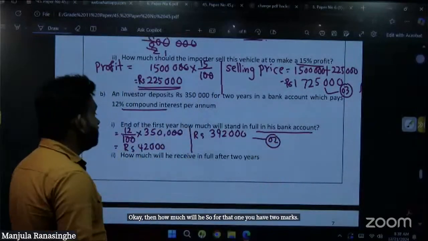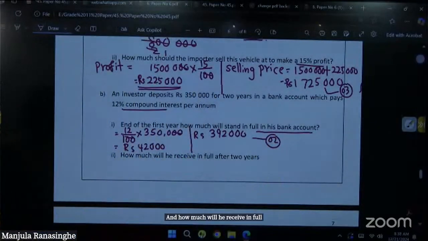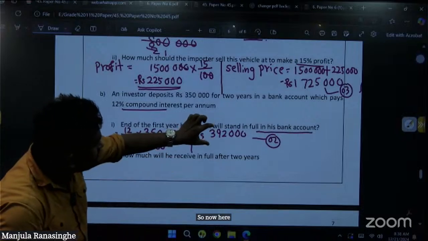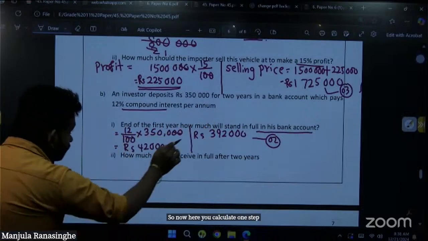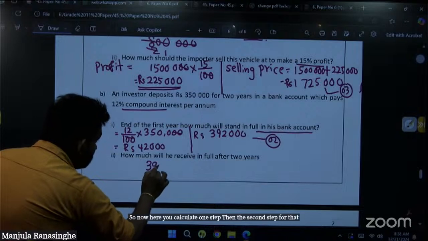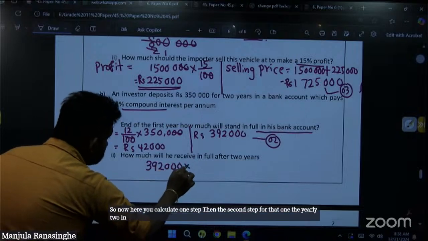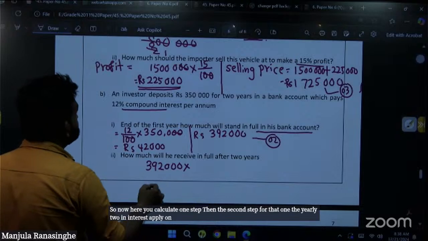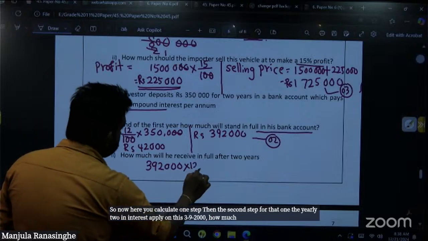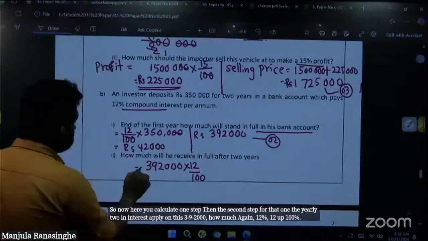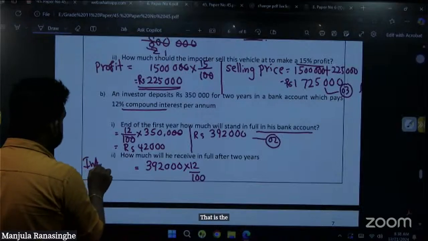And how much will he receive in full after 2 years? So now here you calculate one step, then the second step. The yearly interest is applied on this 392,000. Again 12%, 12 upon 100. Okay, that is the interest for the second year.